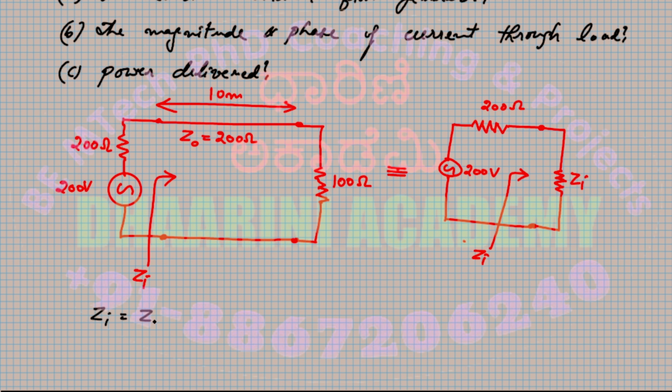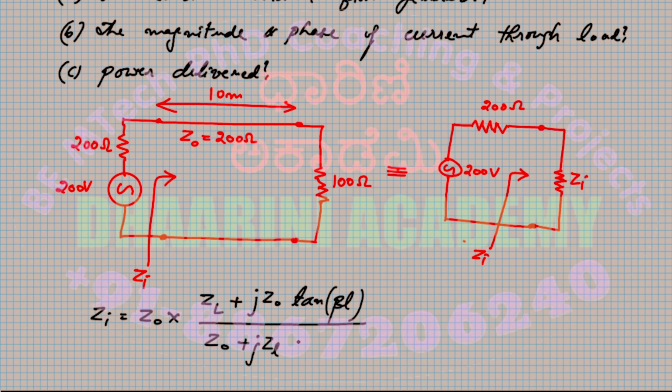ZI is equal to Z naught multiplied by ZL plus j Z naught tan of beta L over Z naught plus j ZL tan of beta L. We are writing this because it's already mentioned that this is a lossless line, so I'm directly writing this equation.